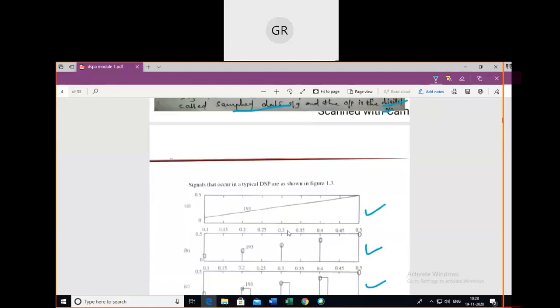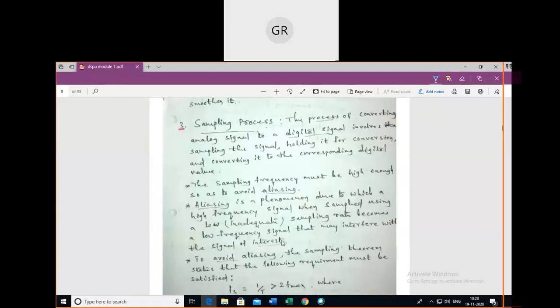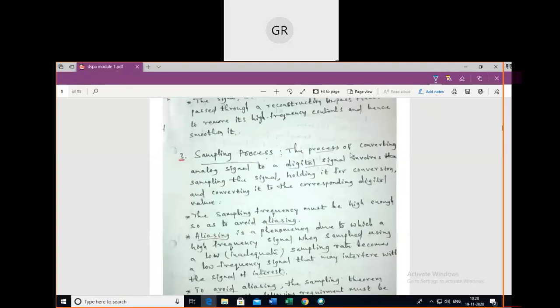Next, we will discuss the sampling process. The process of converting analog signal to digital signal involves sampling the signal, holding it for conversion and converting it to the corresponding digital value.